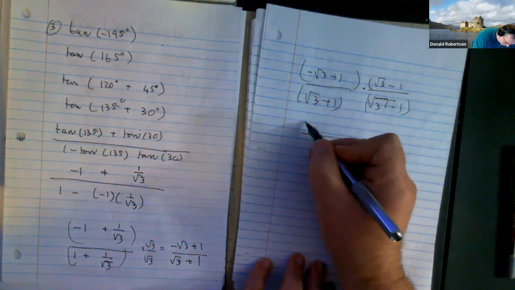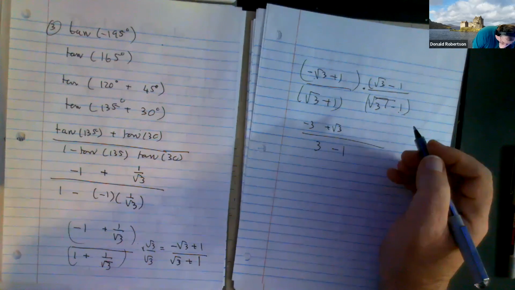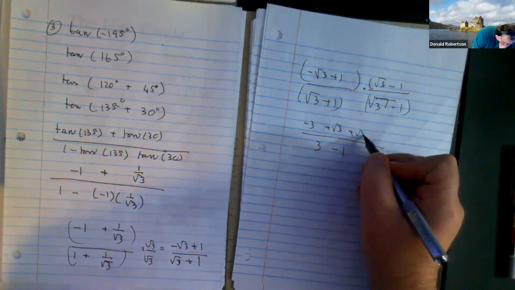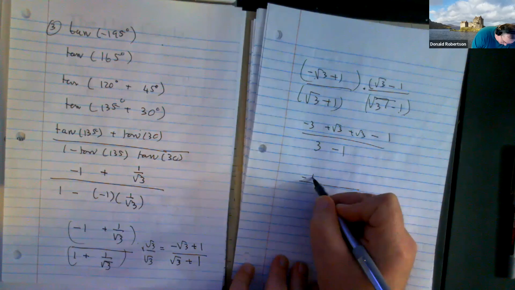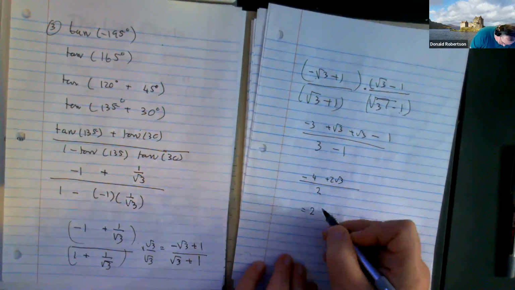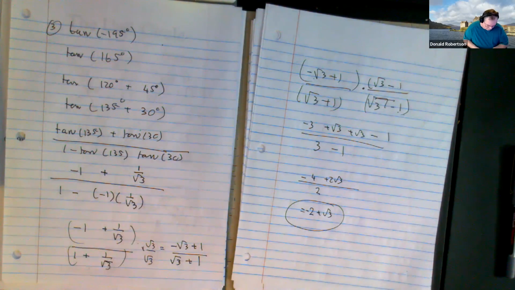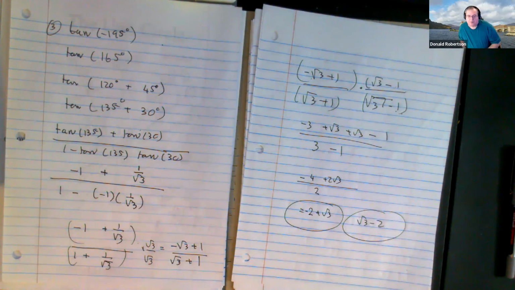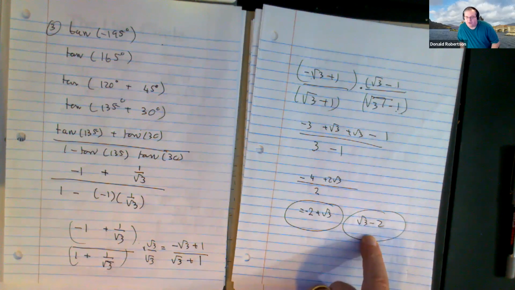If you FOIL these guys, you get -3 plus the square root of 3 plus another square root of 3, take away 1. And so you get -4 plus 2 square root of 3's over 2, and that becomes -2 plus the square root of 3, and that's the answer that they got, and that's why they got what they got. Actually, I think they wrote it this way around, but it's the same thing. So this answer is correct. This is just a prettier looking version of this answer.